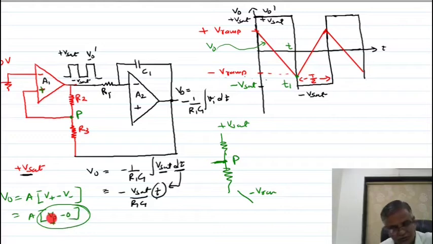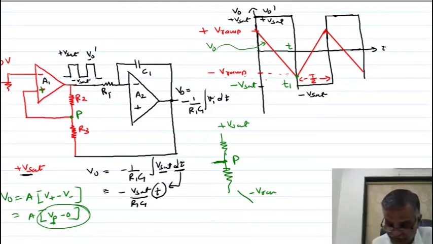So this Vp minus V0 will be negative. If this is negative, the output of this A1 will change. The output of A1 will change from plus V sat to minus V sat, immediately.